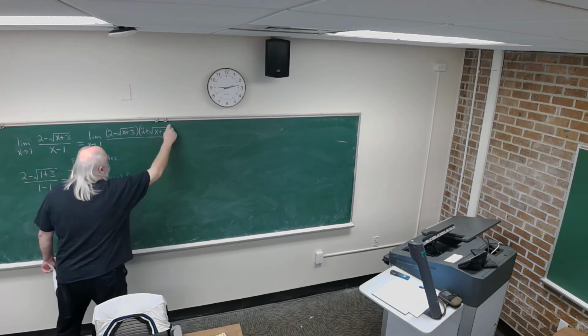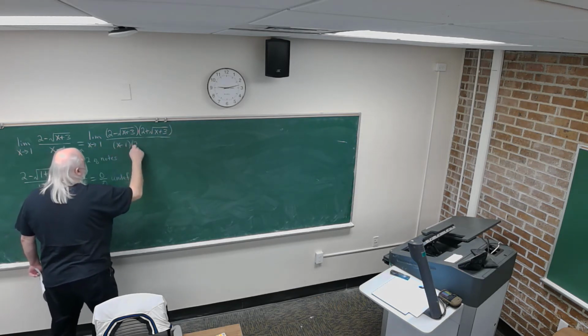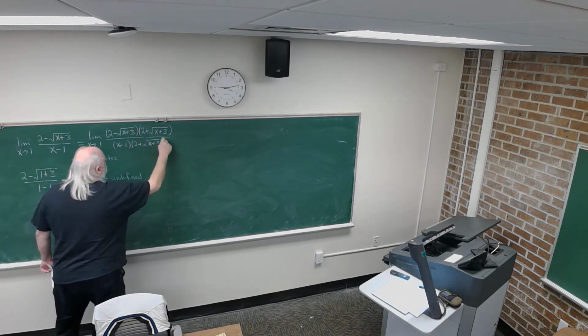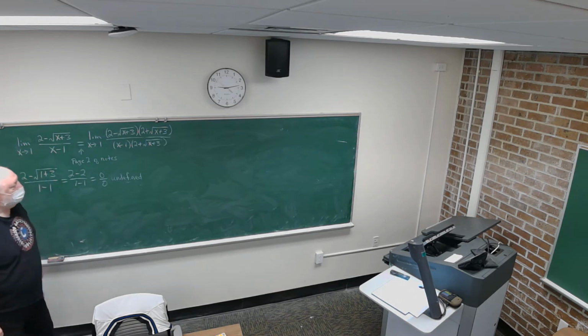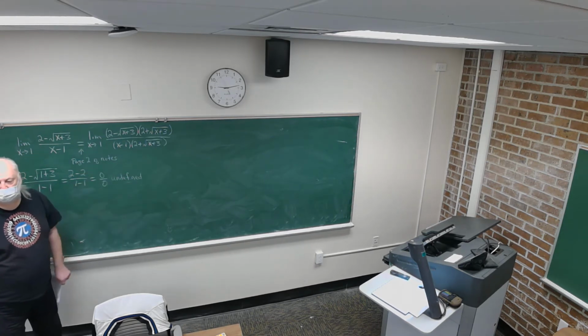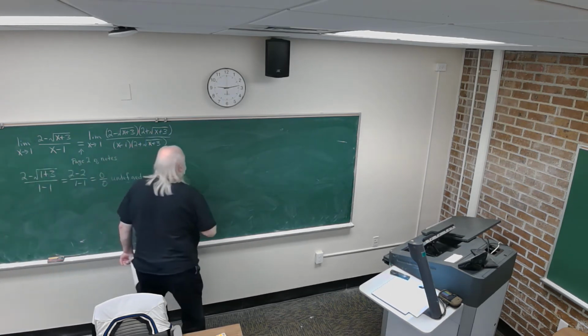Just to remind you, the conjugate of 2 minus the square root is 2 plus the square root. We're not going to repeat all the algebra.